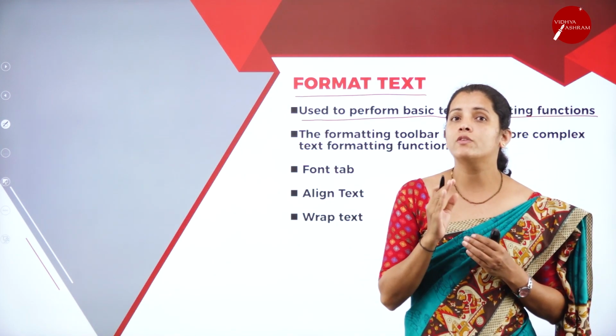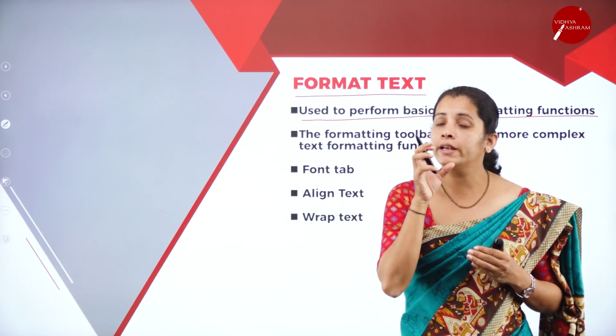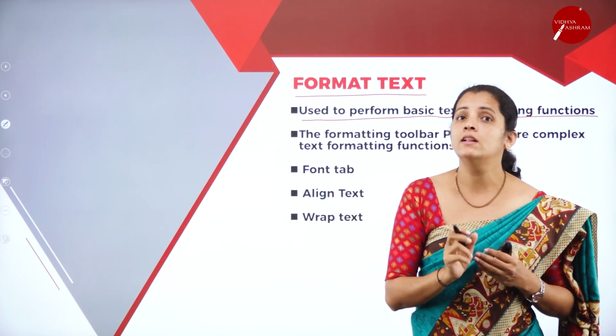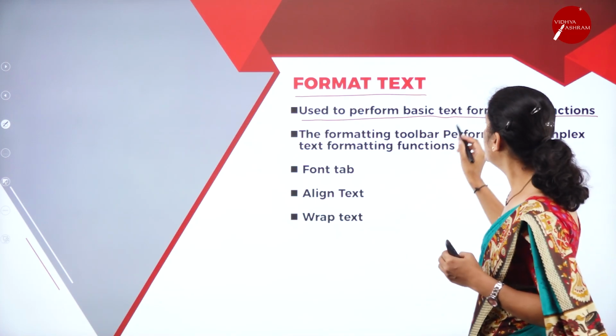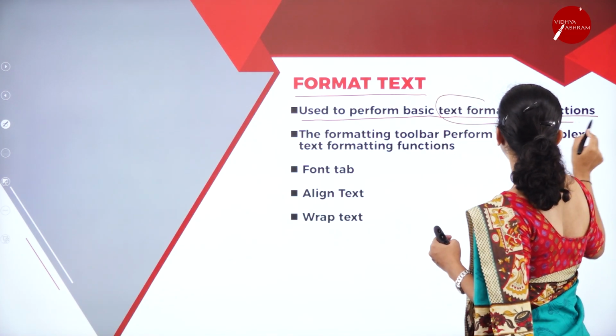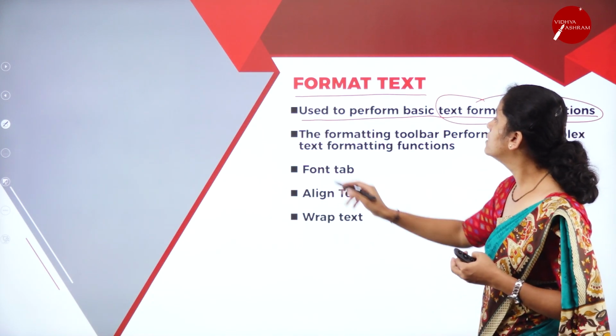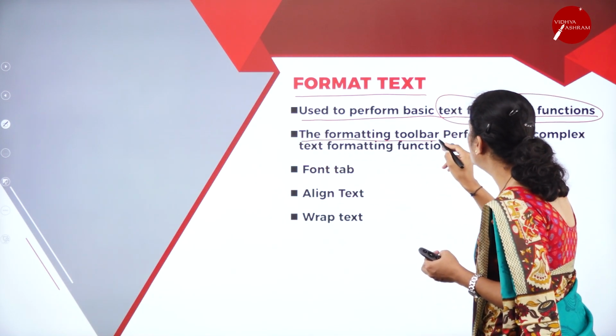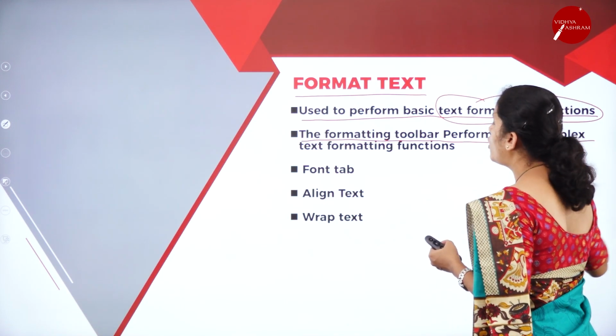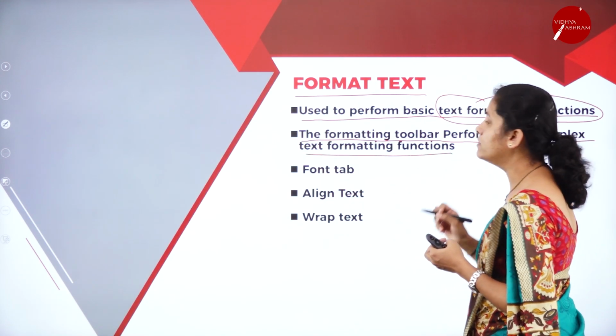That means suppose you want to format your text which is on the cell, to do that we are going to have the option that is text formatting function, and the formatting toolbar performs more complex text formatting functions.